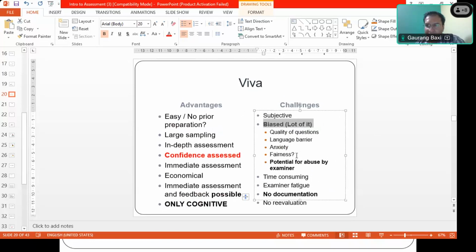We will be having a special session exclusively on vivas and see how we can structure the vivas and take care of all these challenges. Okay, so we'll hold on here with respect to vivas.